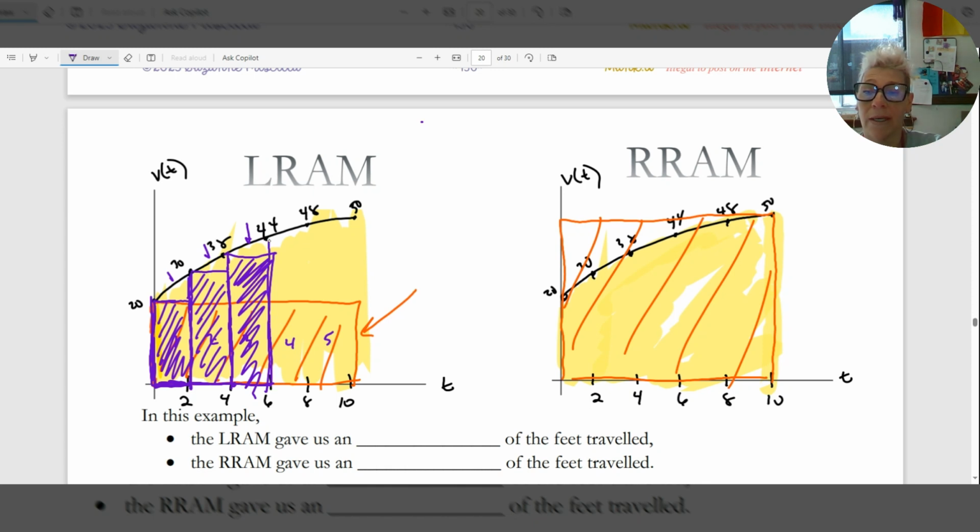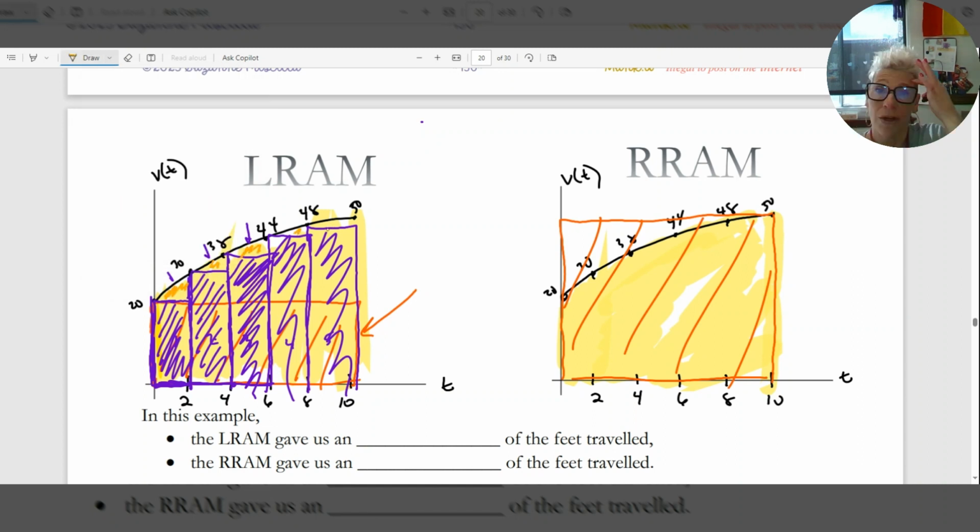So 6 to 8 looks like that from the left, and 8 to 10 looks like this from the left. So I end up being much closer to the actual area. I still have this extra, but it's a lot less extra than I had before.